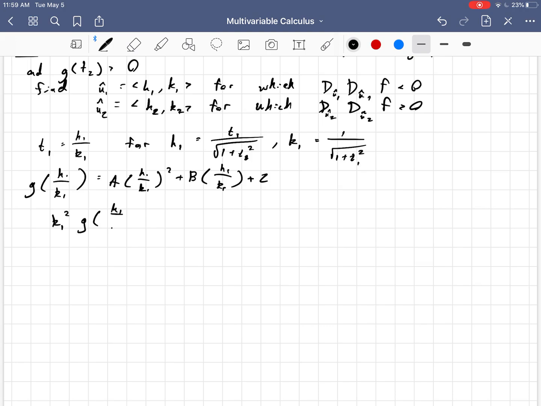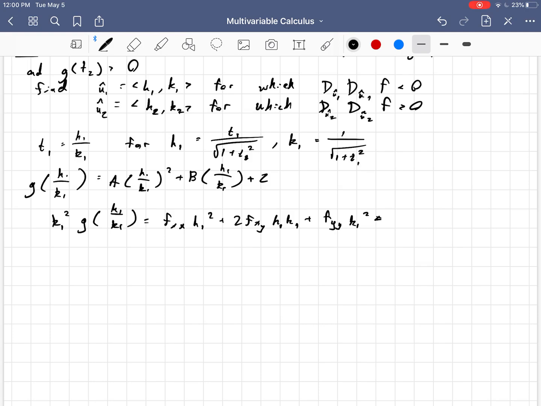If we multiply by k sub 1 squared times g of h sub 1 over k sub 1, what we're going to get is that f sub xx, plugging in my definition for a now, f sub xx times h sub 1 squared plus 2 f sub xy, h sub 1 k sub 1, plus f sub yy times k sub 1 squared.